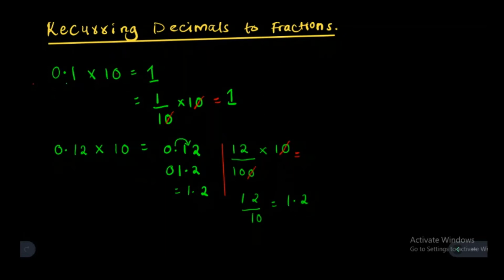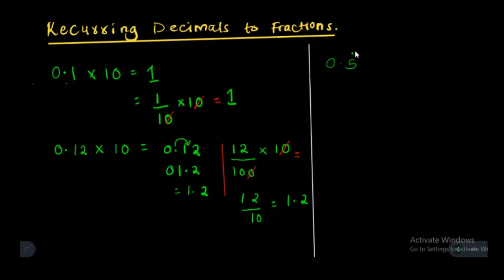All right, with that in mind, we can look at how to change a recurring decimal to a fraction. Let's take an example of 0.5 recurring.